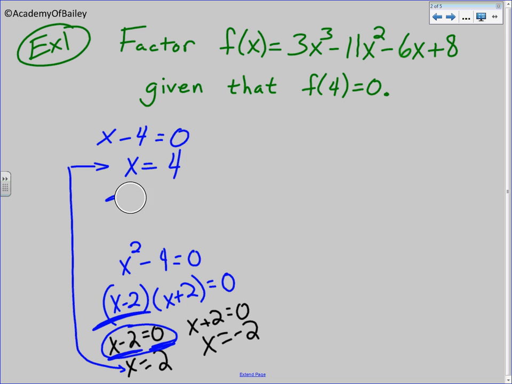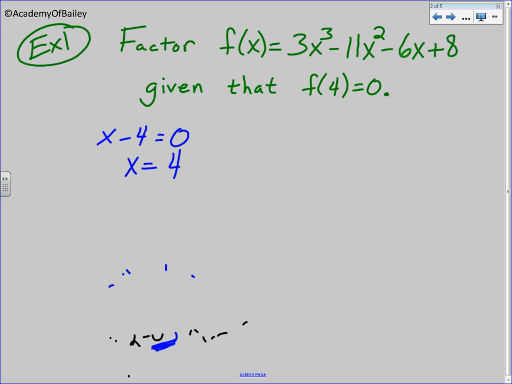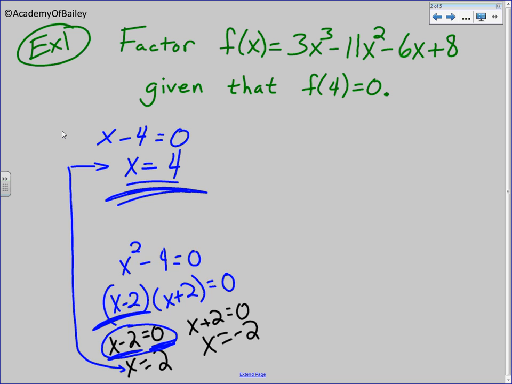So now, I erased some things that I didn't want to, because I want to show you one other thing here. You notice how we're here at x minus 2 is equal to 0, and that gives us one of those parentheses?